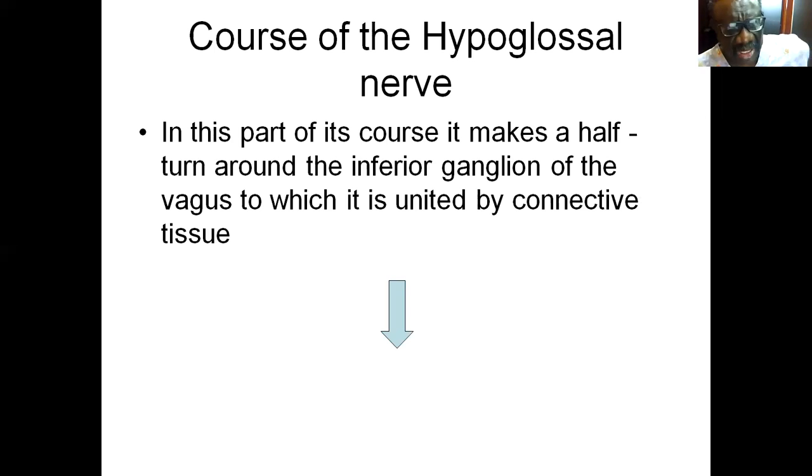Now, I like arrows, and I'm going to use the arrow to depict the course. In this part of its course, it makes a half turn around the inferior ganglion of the vagus, to which it is united by connective tissue.